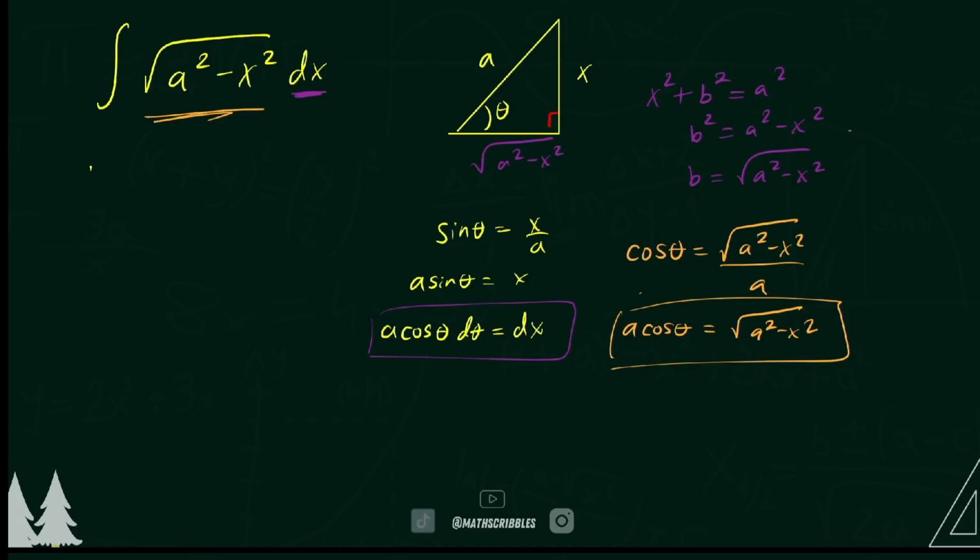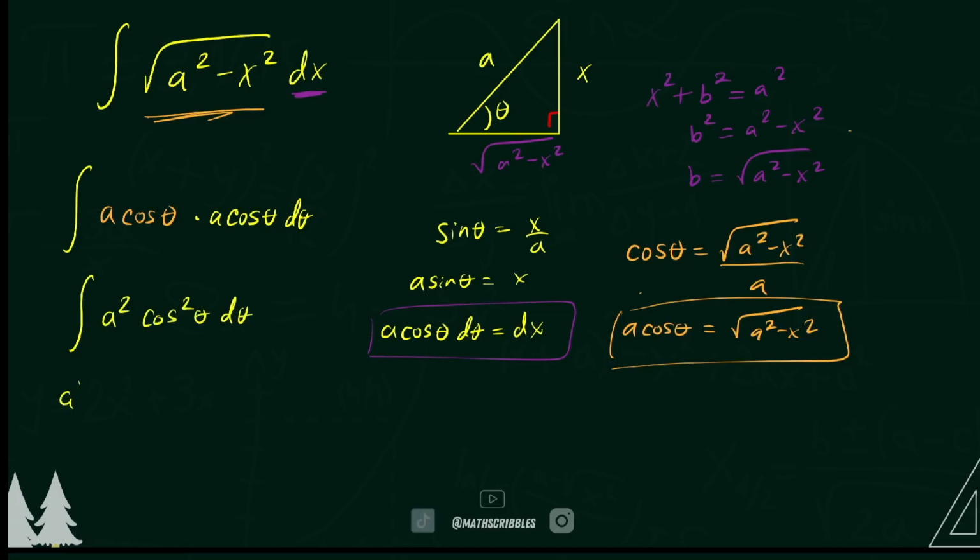Now we have the integral of, instead of root a squared minus x squared, a cosine theta, times the value of our dx, which is a cosine theta d theta. You can combine these things and make it a squared cosine squared theta d theta.